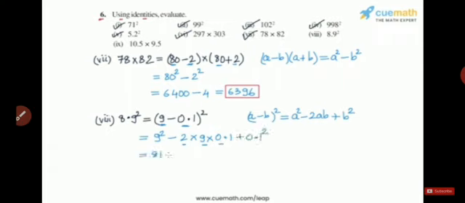Then we get 81, 1.8, and plus 0.01. And after subtracting and adding, we get 79.21.